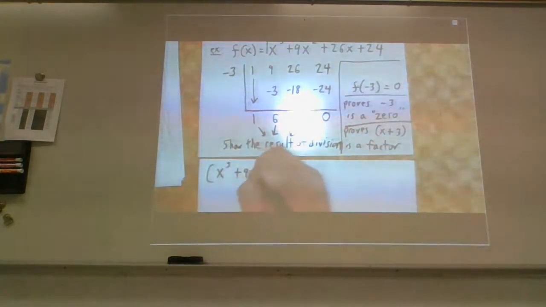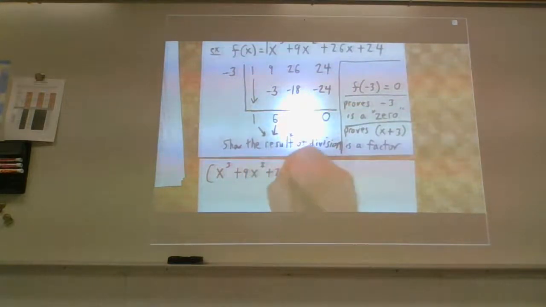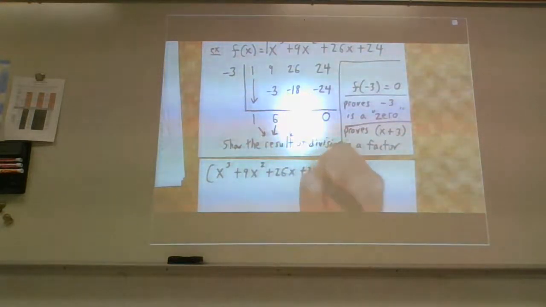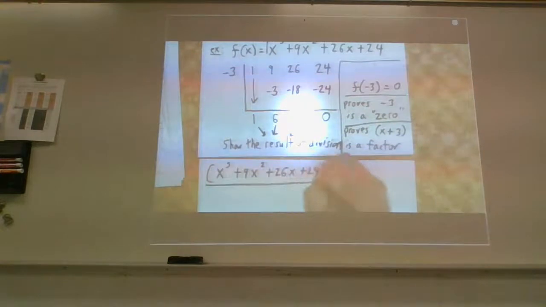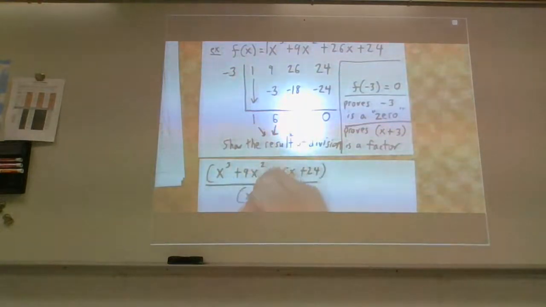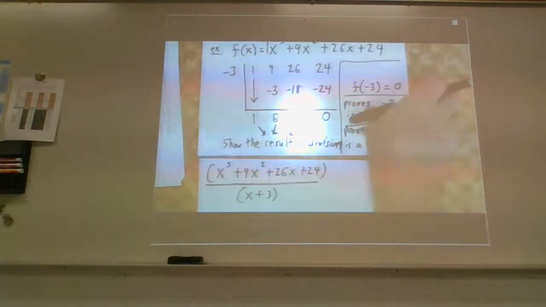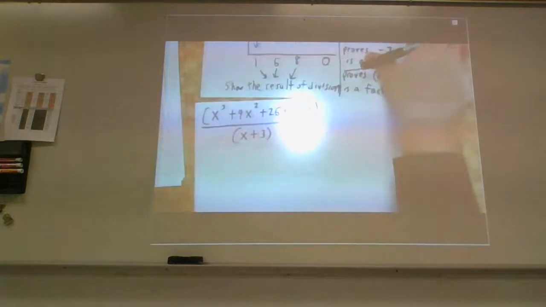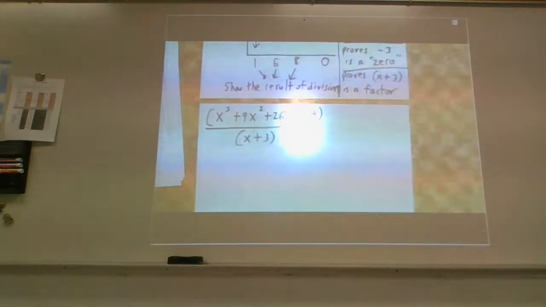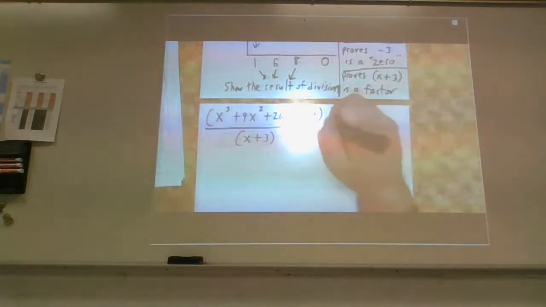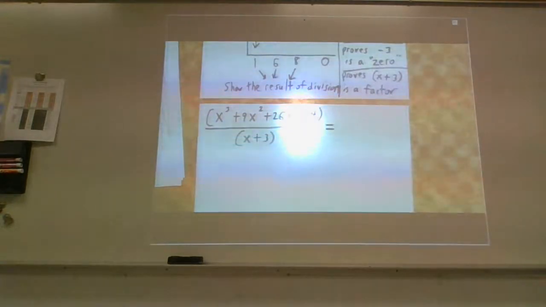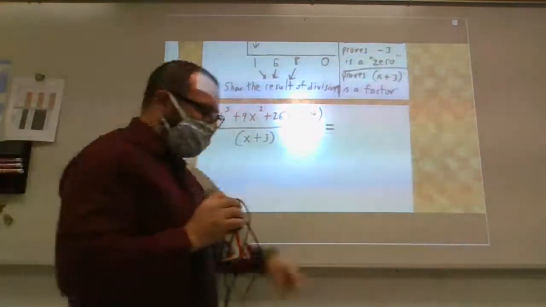If I took this original problem and I divided it by x plus 3, I just showed before with that synthetic bar that x plus 3 is indeed a factor.